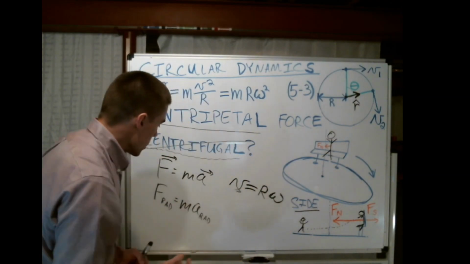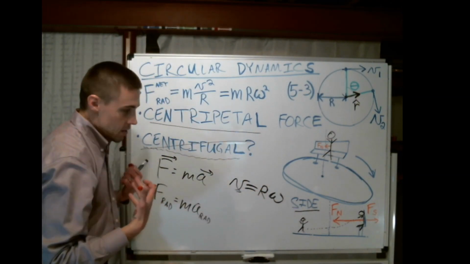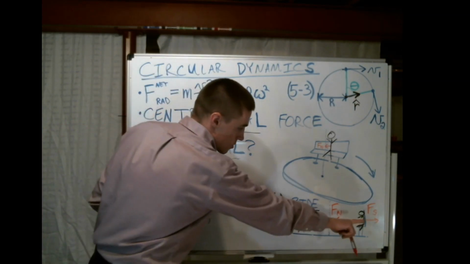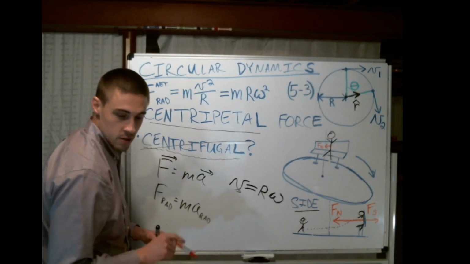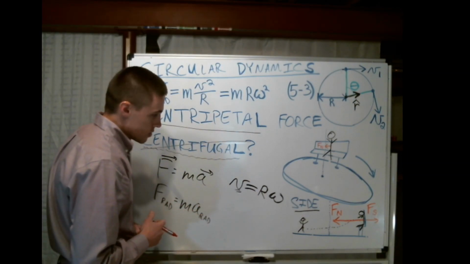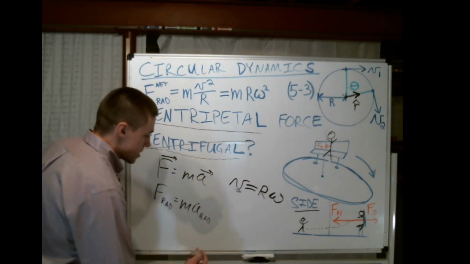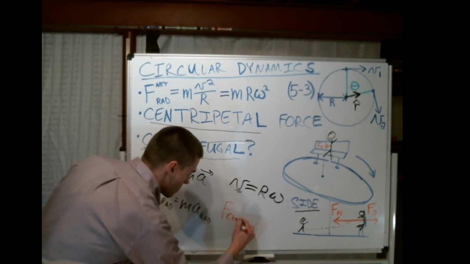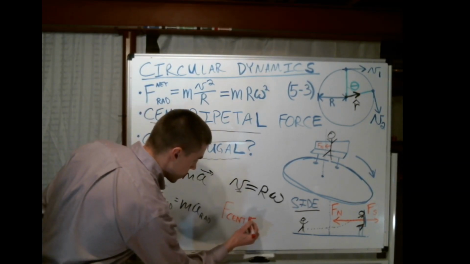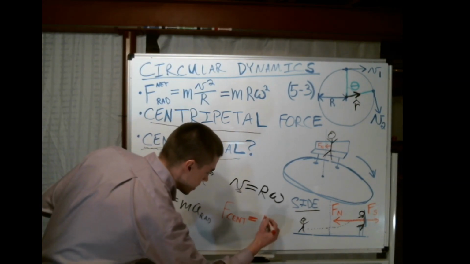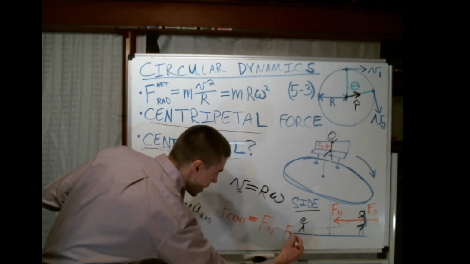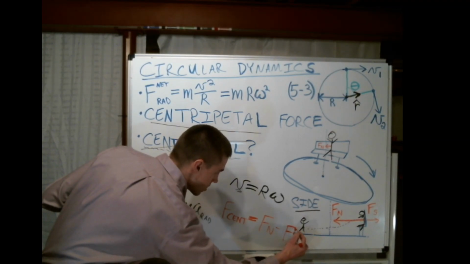Now, what is the centripetal force in total at that moment? Well, if the force that Sally exerts is entirely outward in the radial direction, and the normal force is entirely inward in the radial direction, then the centripetal force would be equal to Fn pointing in minus Fs, the force that Sally exerts pointing out.